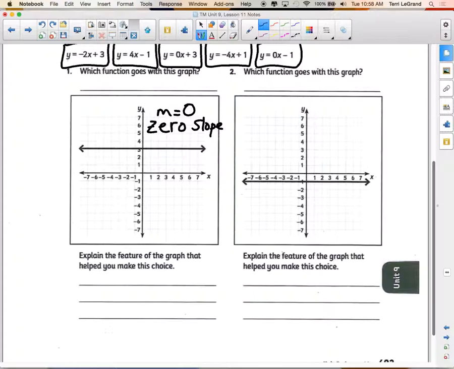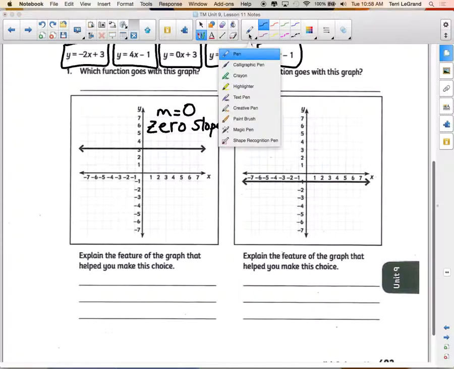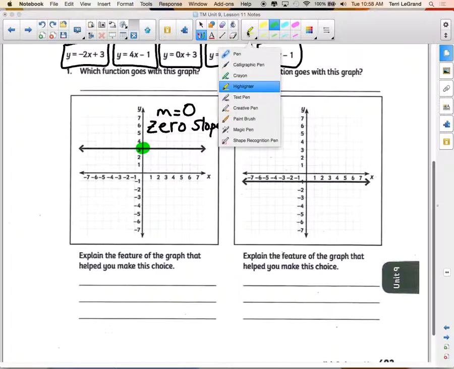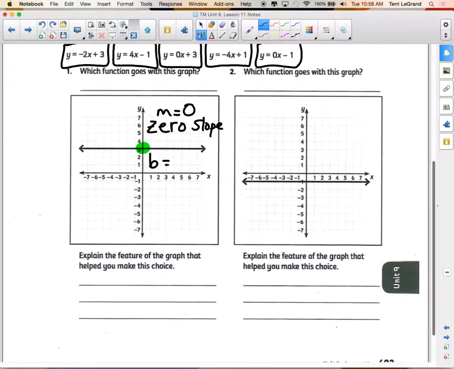The other thing that would be helpful is if we knew the y-intercept. Where does it cross the y-axis? Harley? At 3. So we're going to say that right here. So what's our b value then? B equals 3.